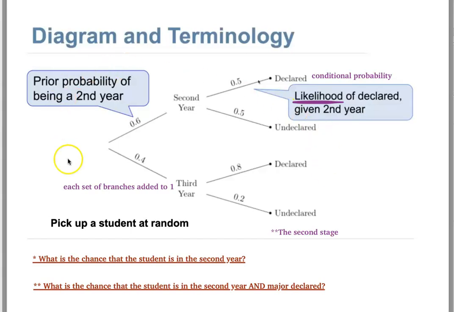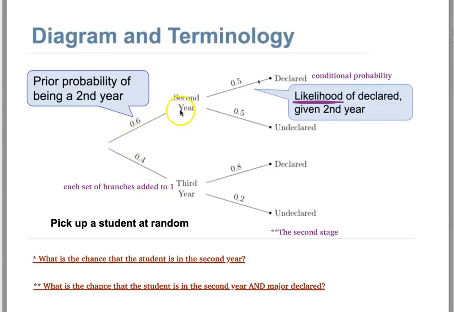This information we make as a tree diagram, because sometimes when we have probabilities in the same group, they have multiple rows. So here we have phase 1. We know the students according to their year: second year and third year, and we have their ratio.